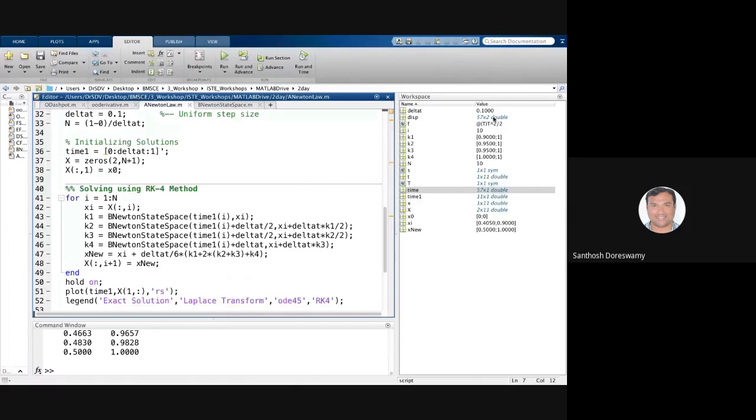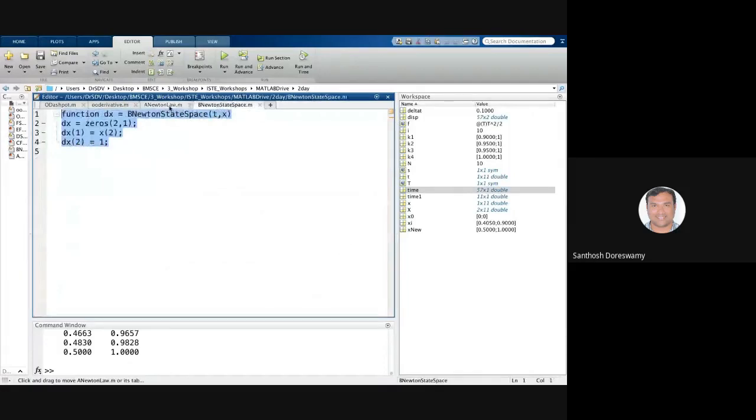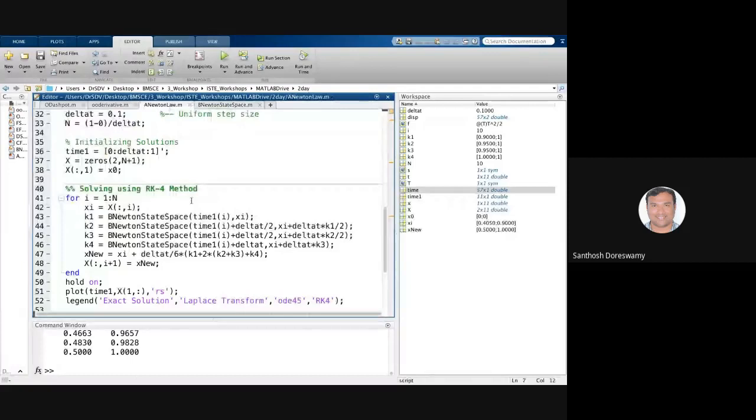So you have to first estimate the displacement using the first differential equation, and then estimate the velocity using the second differential equation. For that you will have two cases, k1 for the displacement and k1 for the velocity.